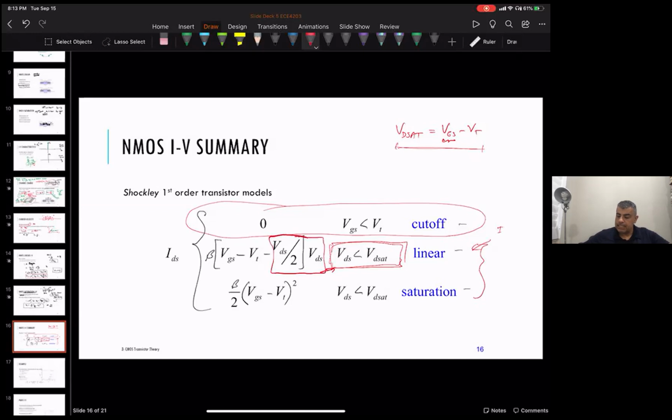If VDS is greater than VDSAT, you have no relationship to VDS and you're in saturation.